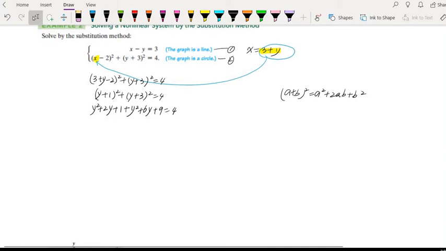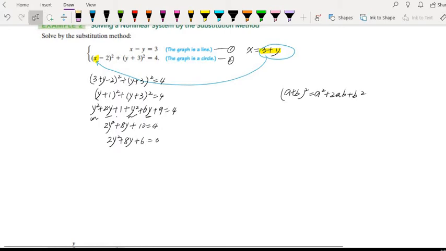Collecting terms, we have 2y squared, and 2y plus 6y gives 8y, and then 1 plus 9 is 10, equal to 4. So we can rewrite this as 2y squared plus 8y, and subtracting 4 from both sides, plus 6 equals 0.